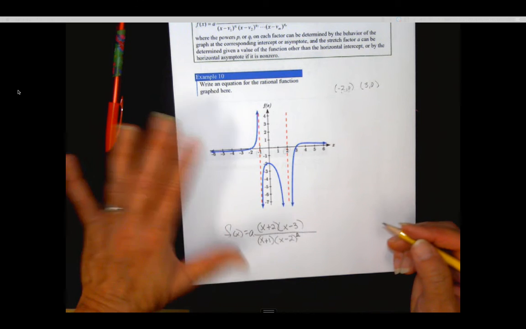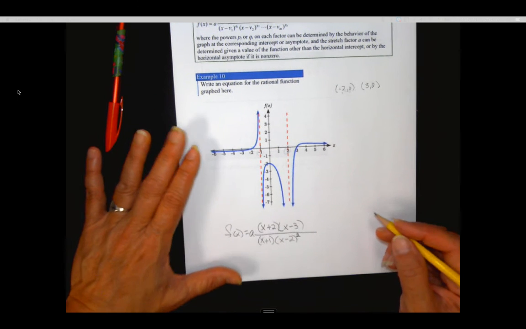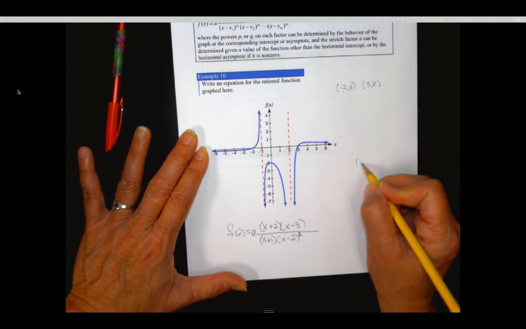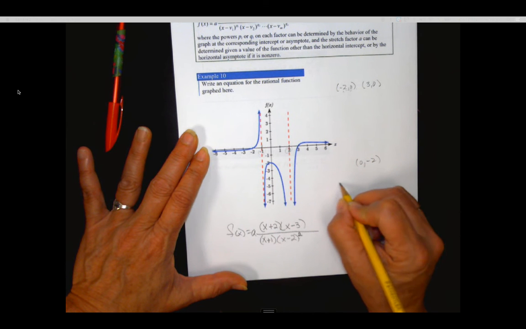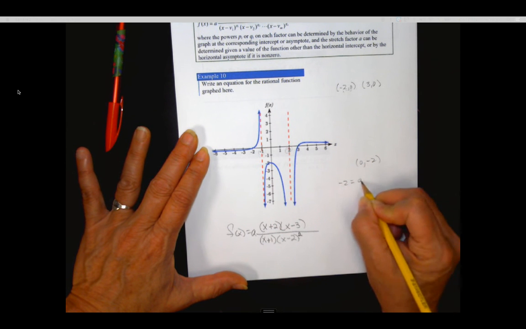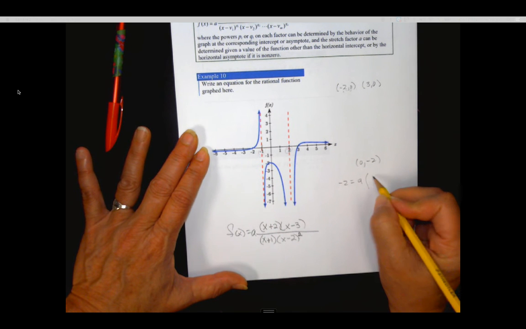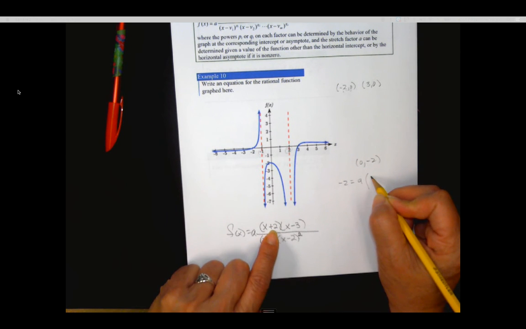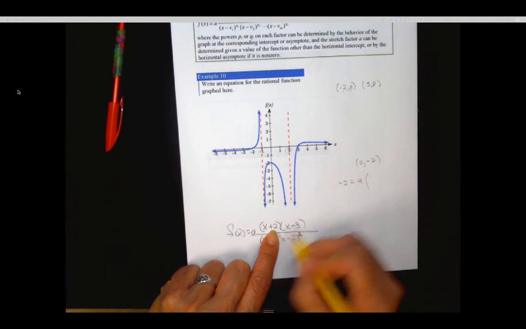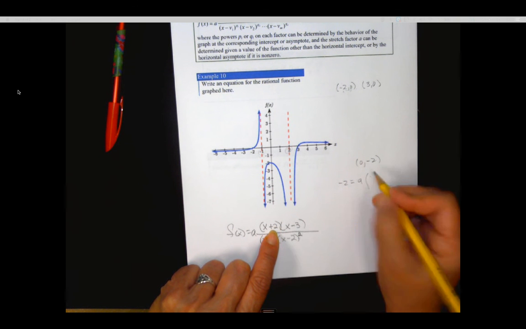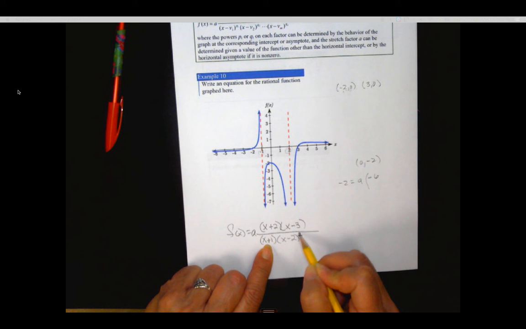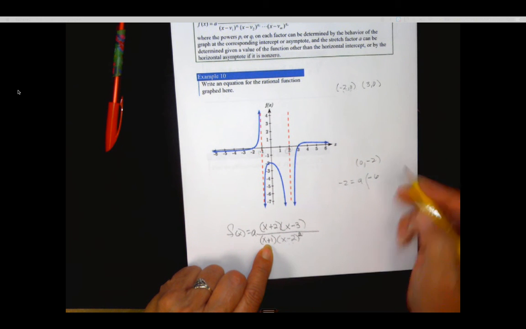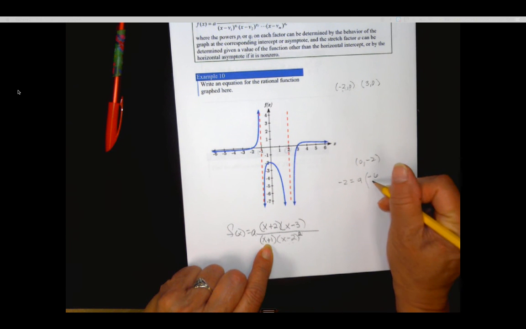Okay, but we know that there's some other value in front of all of this. So what we want to do is plug in our y-intercept, which is (0, -2). So I have -2 equals a times, well, 0 plus 2 is 2, 0 minus 3 is -3, so that's -6, over 0 plus 1, which is 1, times (0 minus 2) squared, negative 2 squared, so this is going to be 4 times 1, which is 4.